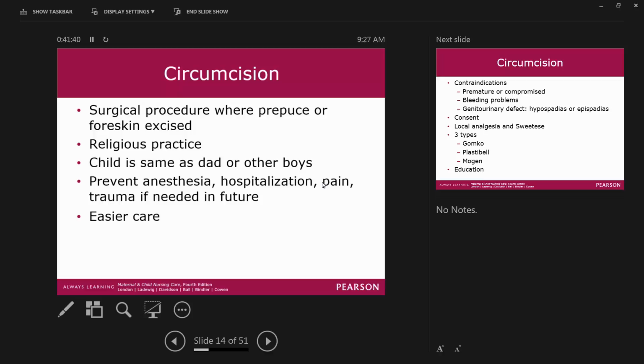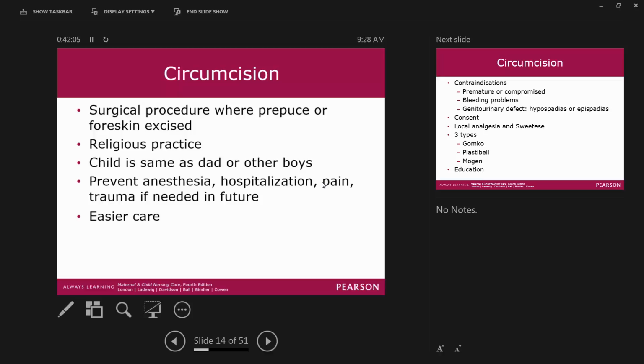Or people can want it done because all the boys in the school are circumcised, so they don't want their son to be the only one not circumcised. That could be a reason. And it is easier to care for. I mean, straight up, it's just easier to care for than an uncircumcised penis. Not that it's difficult to care for, but it's easier.